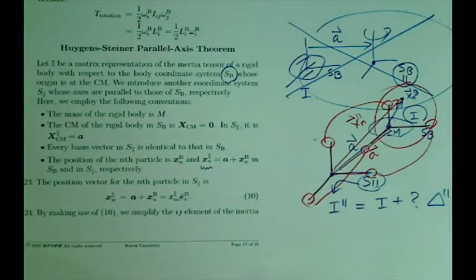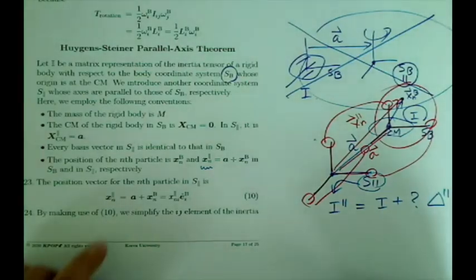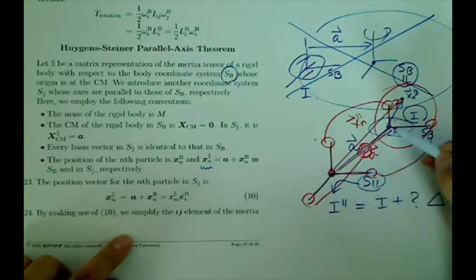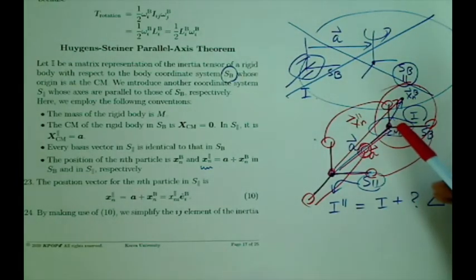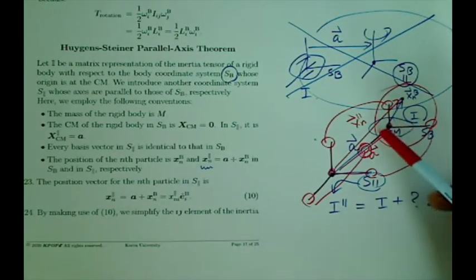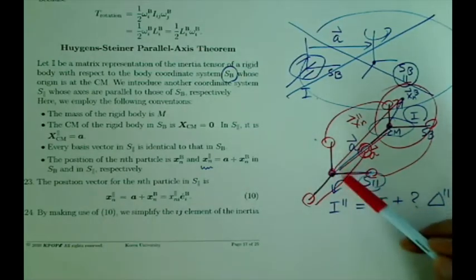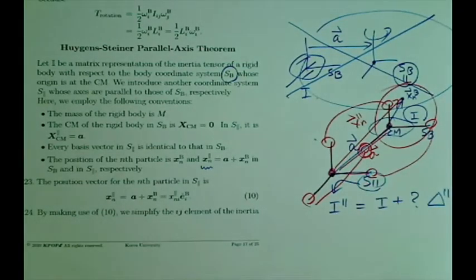The only difference between the two coordinate systems is the shift of the origin. So I is computed in the body frame, whose origin is the center of mass, but in a parallel frame the center of mass coordinate is A. All three axes, x, y, z, are parallel.